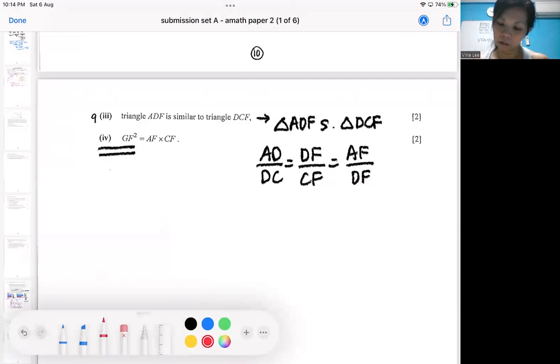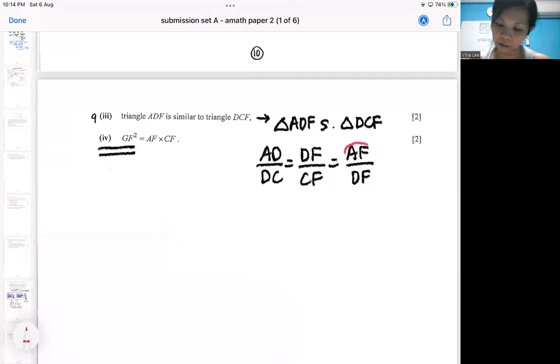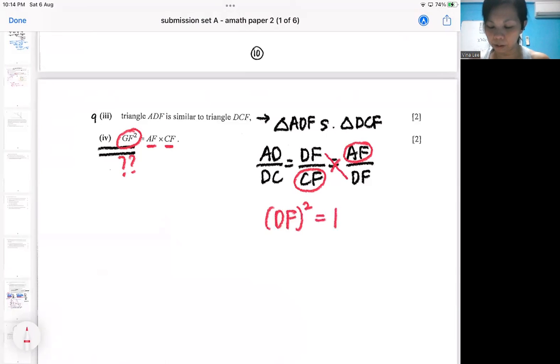So if you take a look, right, it seems like I have the AF, I have the CF, but I'm not getting this part. So never mind, I'm just going to cross multiply first. Okay, so sorry, I write wrongly.